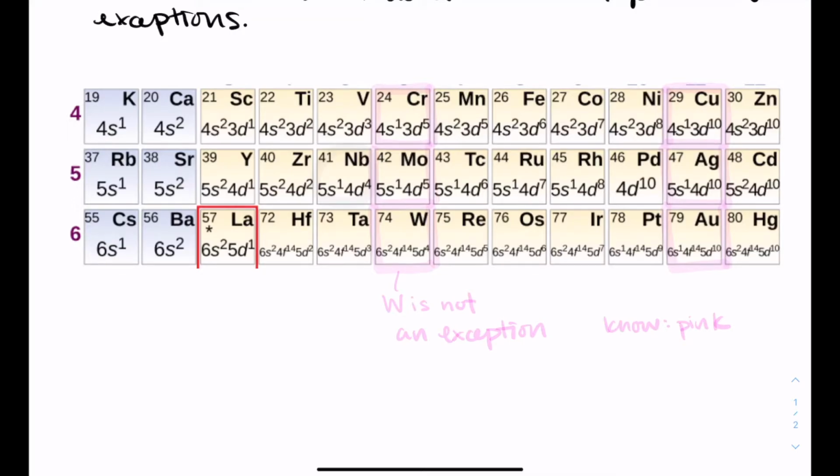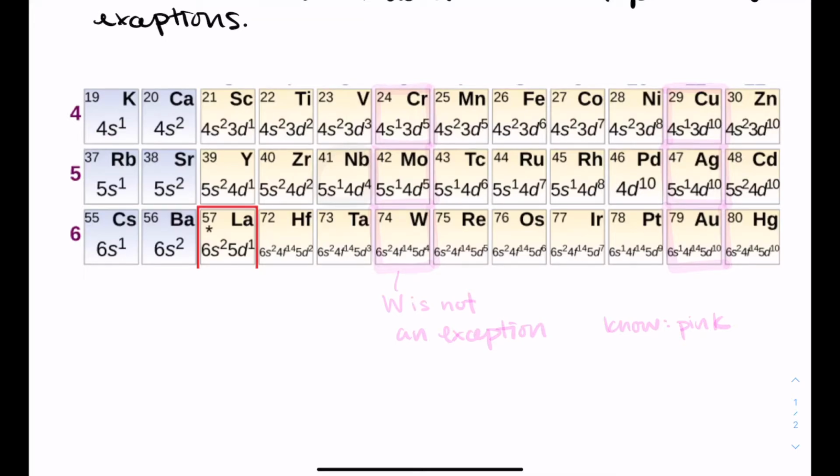Not super surprising. Then I get to scandium, which, remember, is where the d orbitals start. So I have filled 4s2, and then I put my next electron in 3d. So I have 4s2, 3d1. Titanium, adding another electron, ends in 4s2, 3d2. Vanadium is 4s2, 3d3.